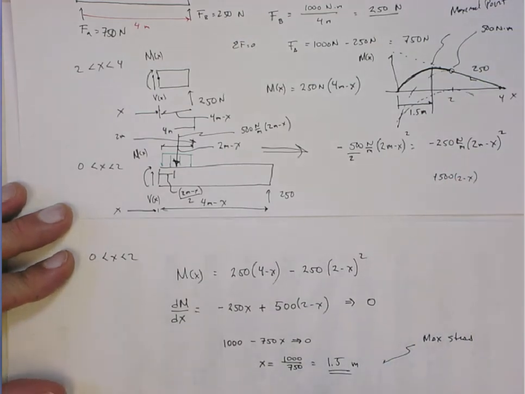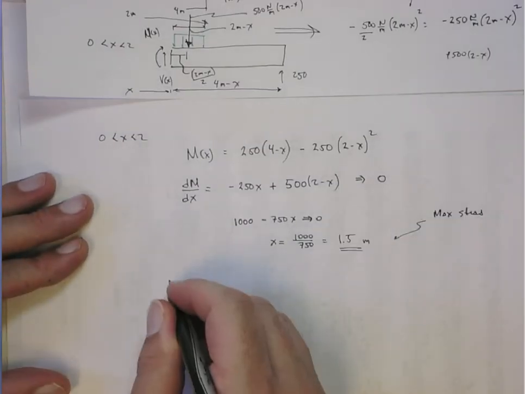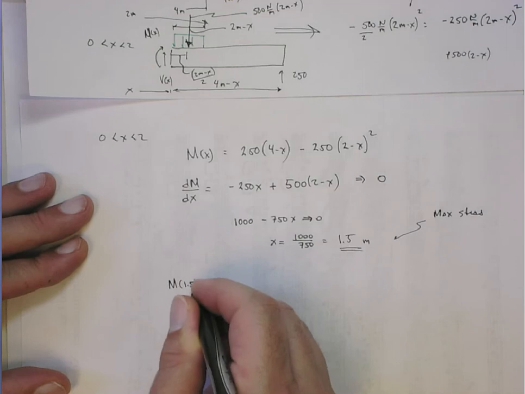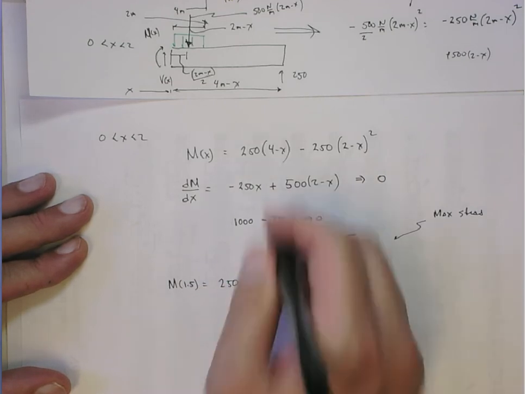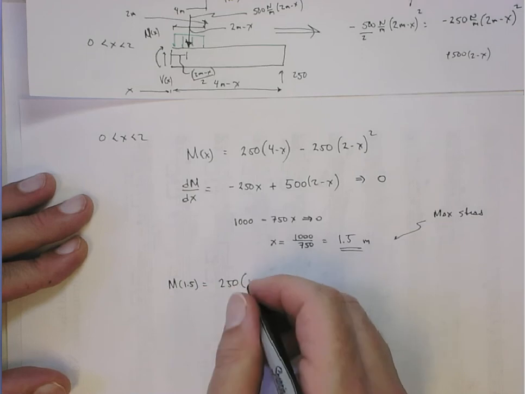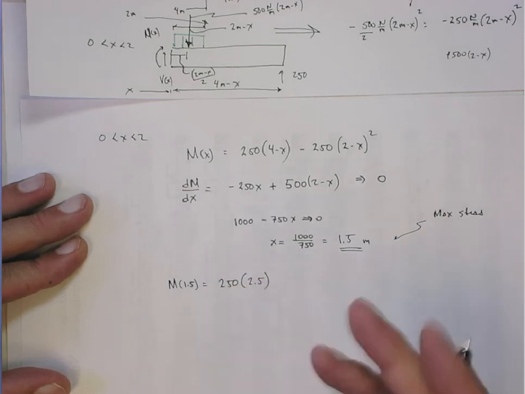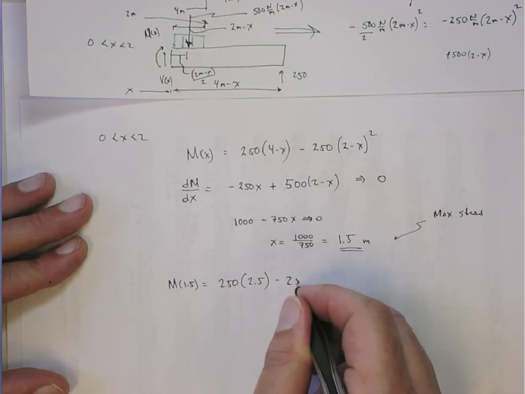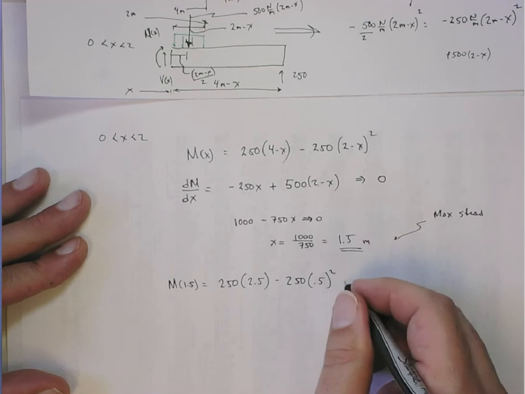We need to figure out what that max bending moment is. So we just substitute the 1.5 back into here. So we get the bending moment at 1.5. This becomes 250 times (4 minus 1.5 is 2.5, right?) 2.5, 3, 4, minus 250 times 0.5 squared.